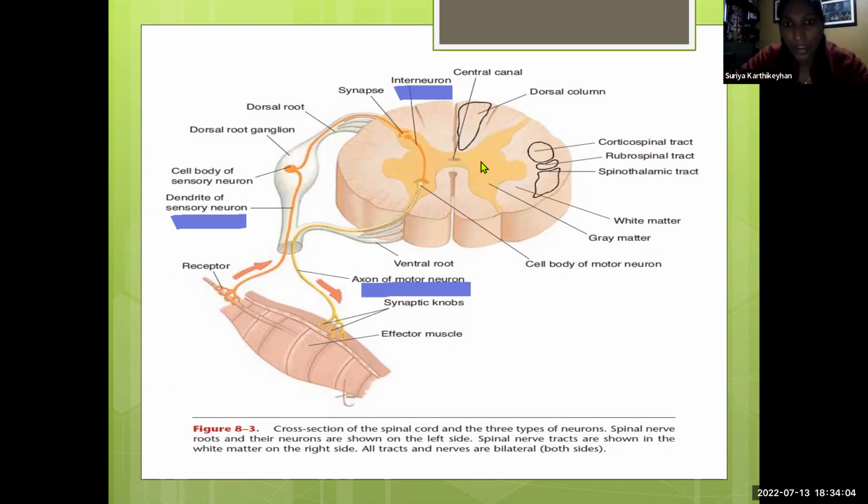Okay, and that is lamina 7, and then laminae 8 and 9 will be located in the anterior part of the gray matter. That is, the anterior gray matter contains laminae 8 and 9, and then lamina 10 is situated around the central canal.